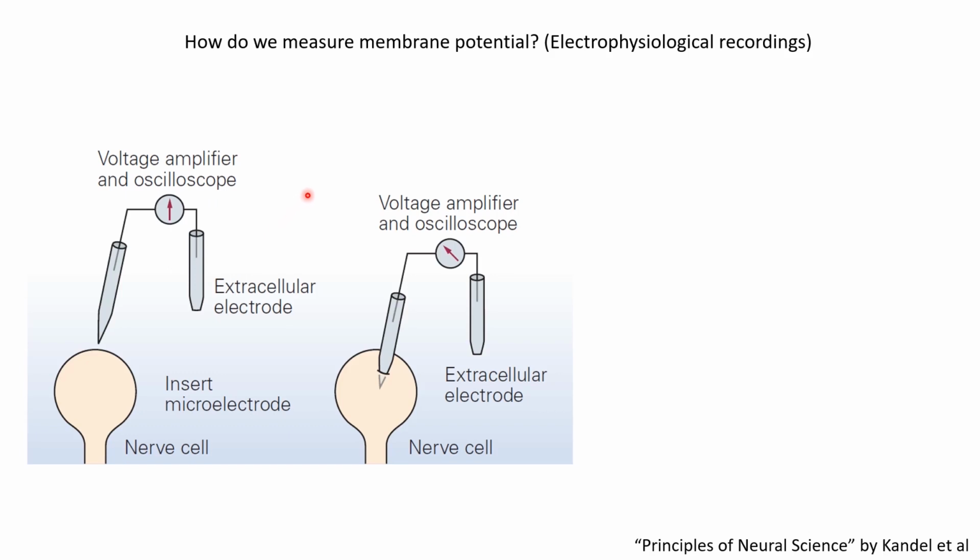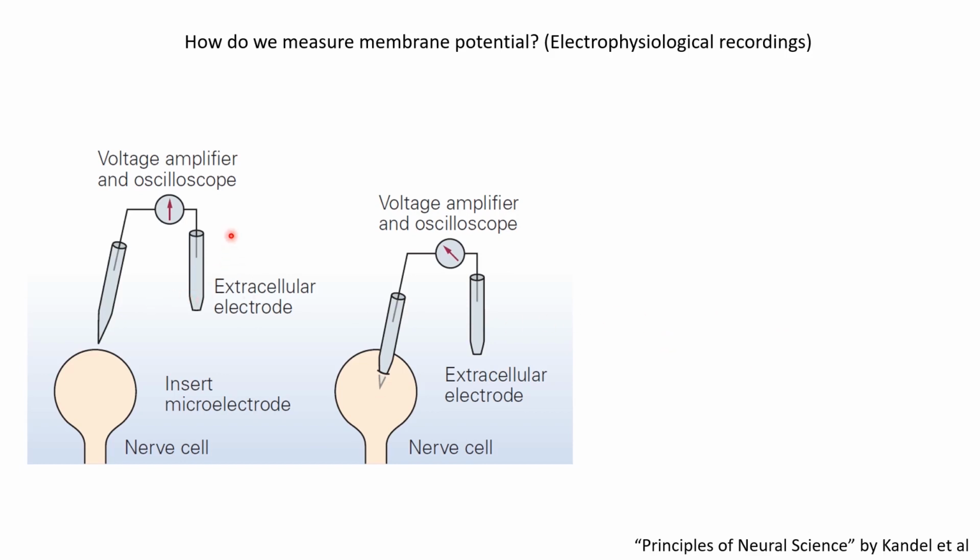Now let's consider an experiment in which we first place both electrodes, the reference electrode and the actual electrode, outside, and then at a certain time point we push this electrode inside the neuron. Let's guess what we would see on the oscilloscope.